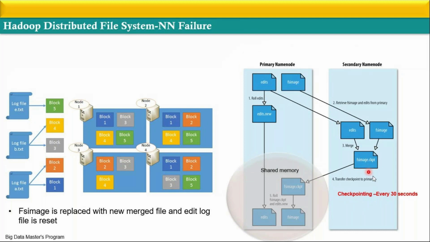And why are we going to perform checkpointing? If the primary name node is down, in case of its failure, the secondary name node will be able to take the responsibility of the primary name node. Why? Because to keep the cluster in running state, it must have the information about the metadata, which is placed inside the shared memory.